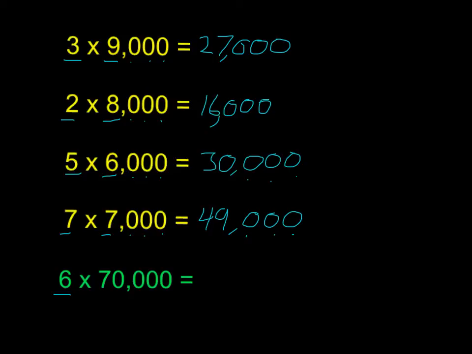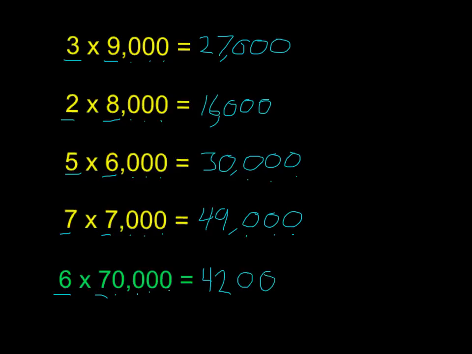Now, I've kind of jumped the gun here. I've gone a little higher than our thousands place. But that's okay. 6 times 70,000. We can look at the two digits, the digit 6 and the 7. 6 times 7 is 42. So we put our 42 down. And then we have 1, 2, 3, 4 zeros.